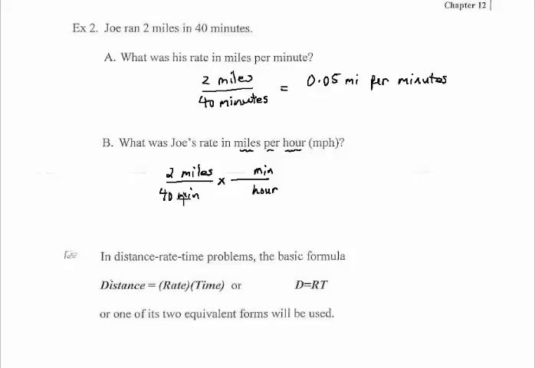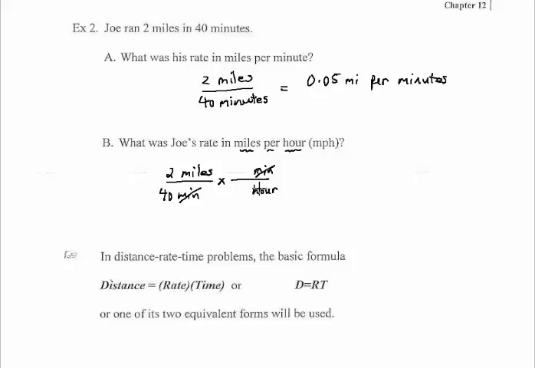The units are just like the numbers and variables, they'll cancel out if they're equal. So minutes and minutes cancel, and now we just have hours left on the bottom.